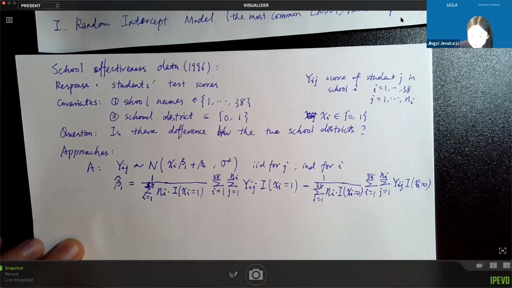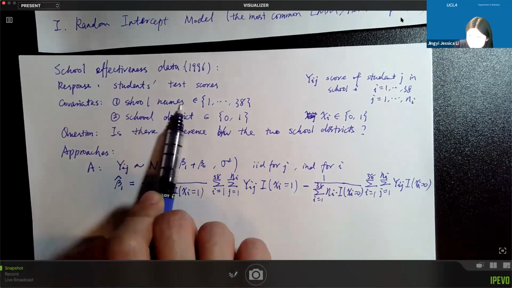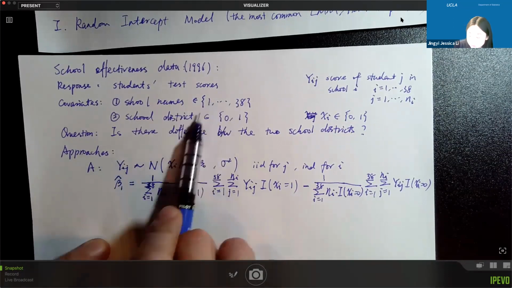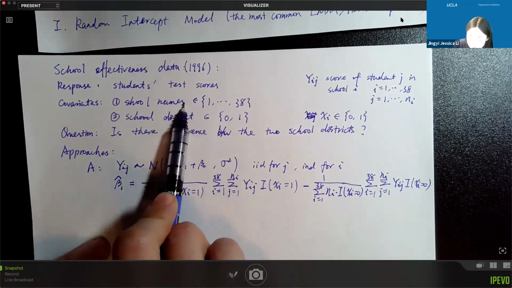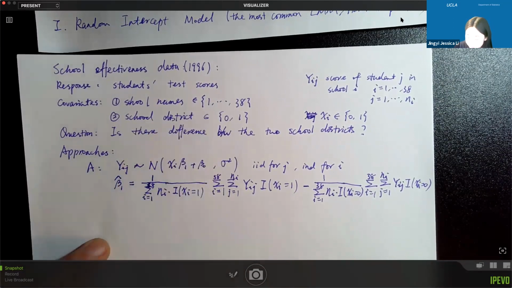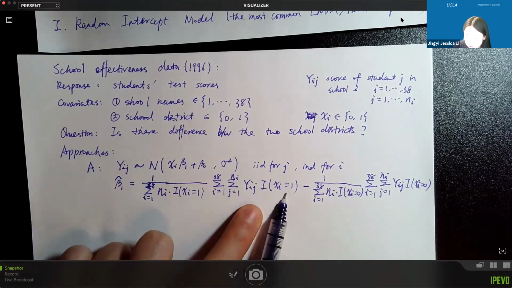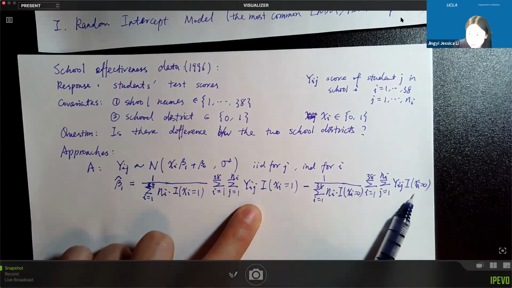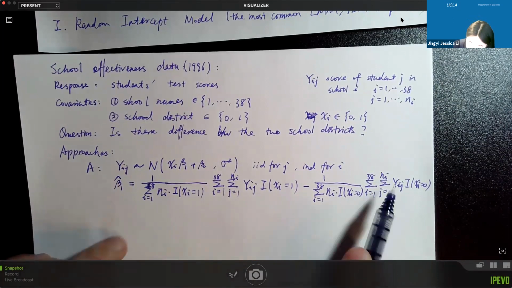That's our first approach. So you see, in this approach, what did we ignore? The school difference. We just used the school district, we didn't use the school names at all. We are basically pooling students from school district 1 and from school district 0, and we didn't use the individual school information.